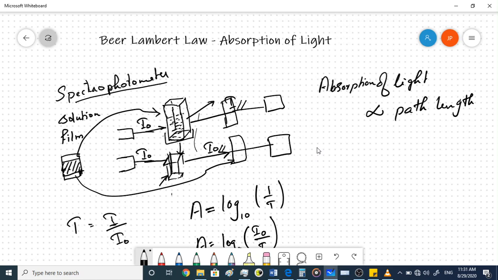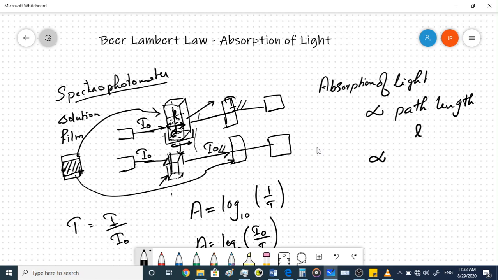Generally in a film the path length will be very small, probably a few micrometers or even nanometers, but here the distance is d, or the path length, or L, whatever you want to call it. This is the length through which the light is going to pass inside the solution. That is one parameter on which the absorption of light will depend.